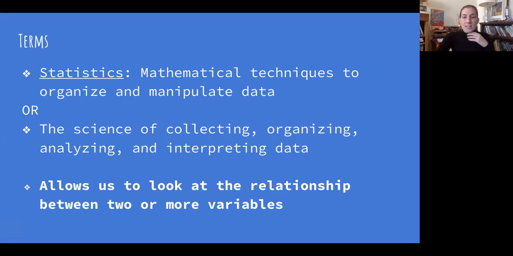So in statistics, what we do is we collect data, or we use data that's already collected. We organize it, we analyze it, and then we interpret what it means. So you get the answers to your survey, or you download the census data that already exists, and you organize it for yourself.